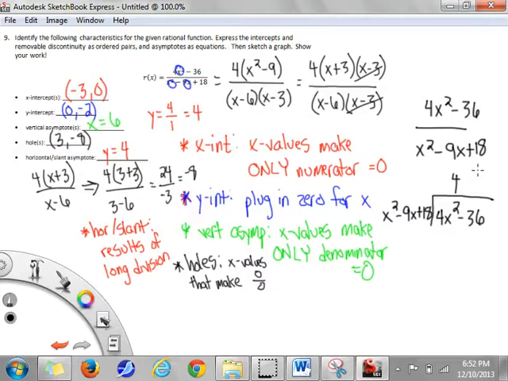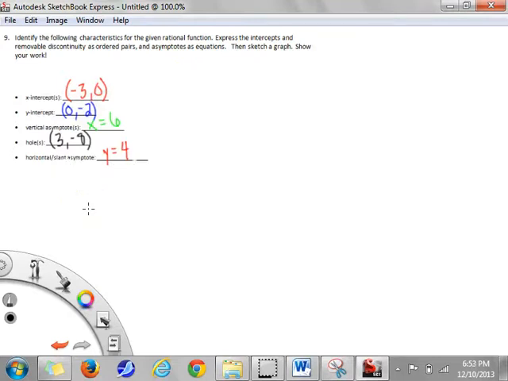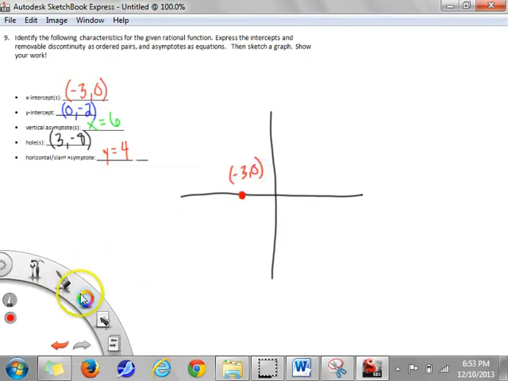So last thing we have to do then is sketch it. Okay, so if we were going to sketch a graph, x-intercept at -3, 0. Stick that over here. Y-intercept at 0, -2. Vertical asymptote at +6.